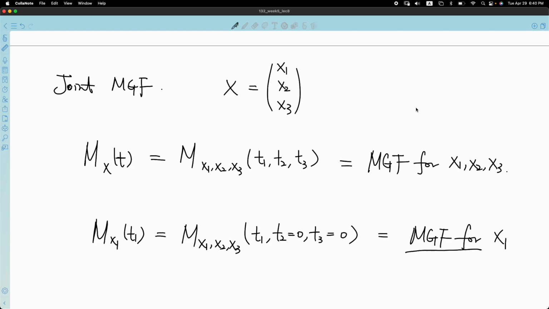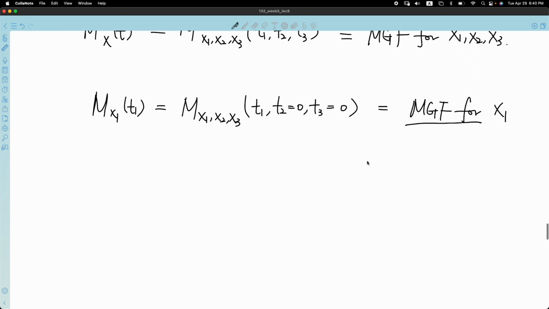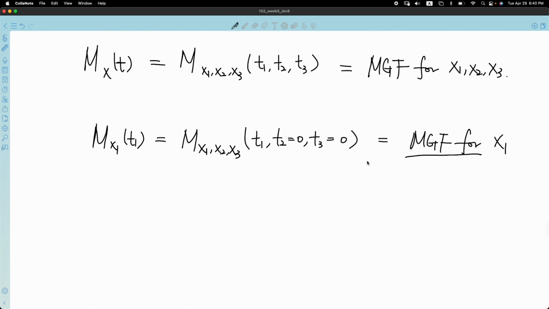Okay, so that is one property related to the homework. Another thing is that the moment generating function for x1, x3 at t1, t3 you can obtain by setting t2 equal to 0 if you have the joint.